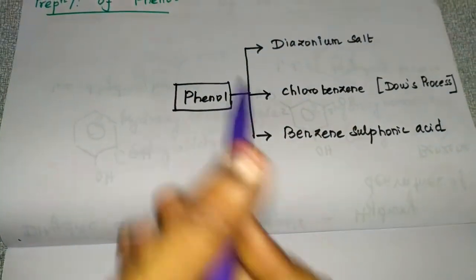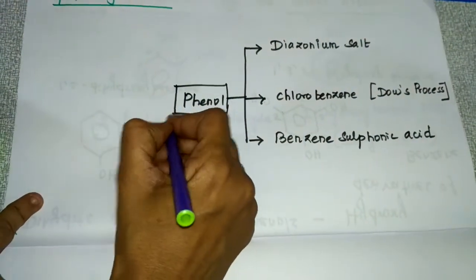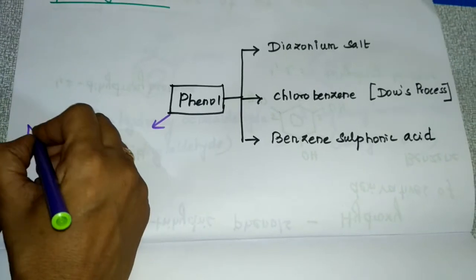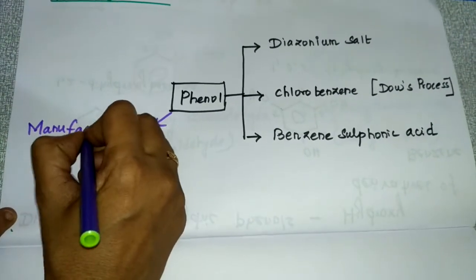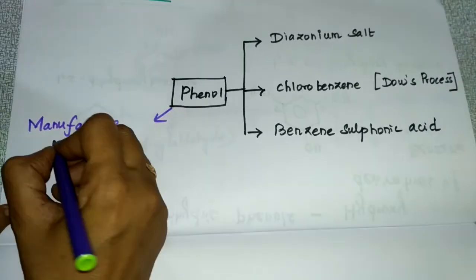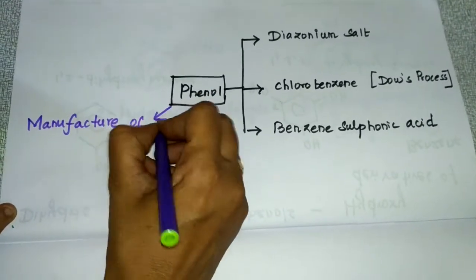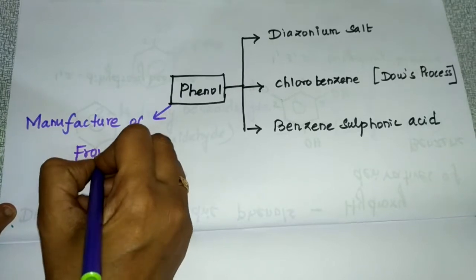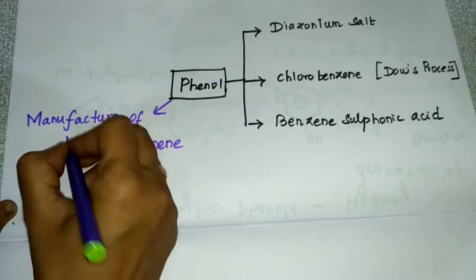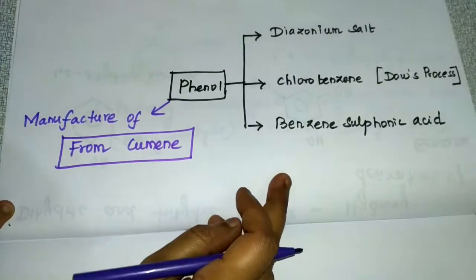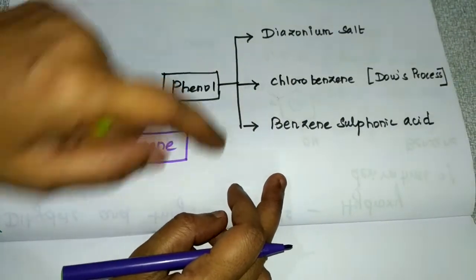You can also manufacture phenol from cumene. So these are the methods of preparation of phenol.